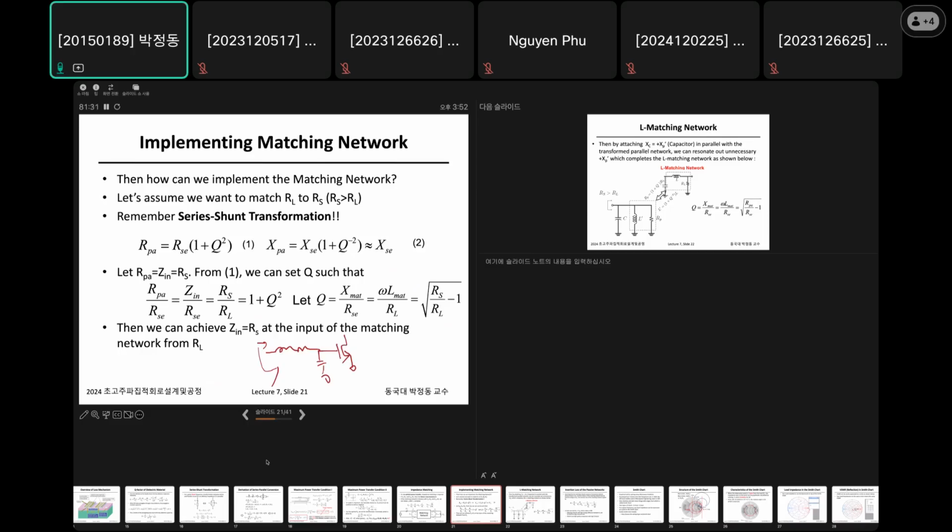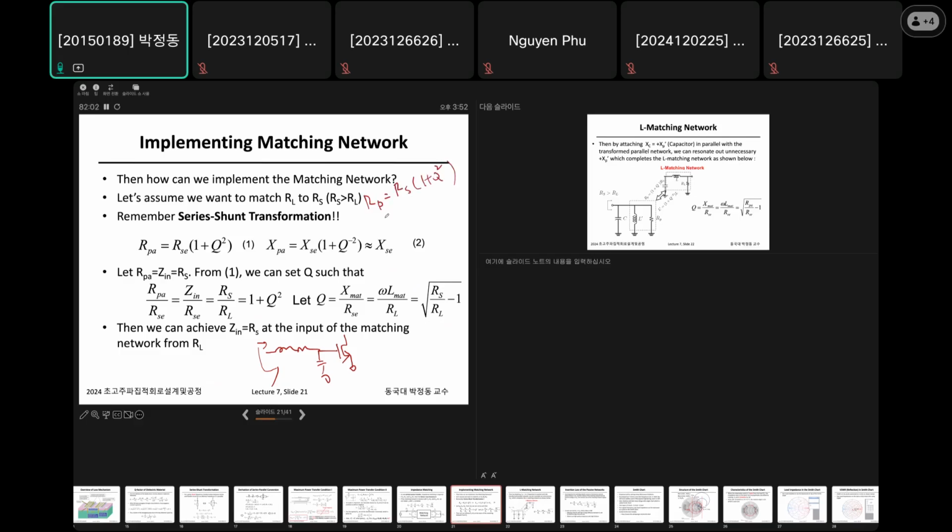This is very, very straightforward, right? As we observed, we can easily convert between series and parallel network. Once I convert the series network to parallel network, then you can scale up and down by Q square, right? So with this relation, R parallel equals R series multiplied by 1 plus Q square.